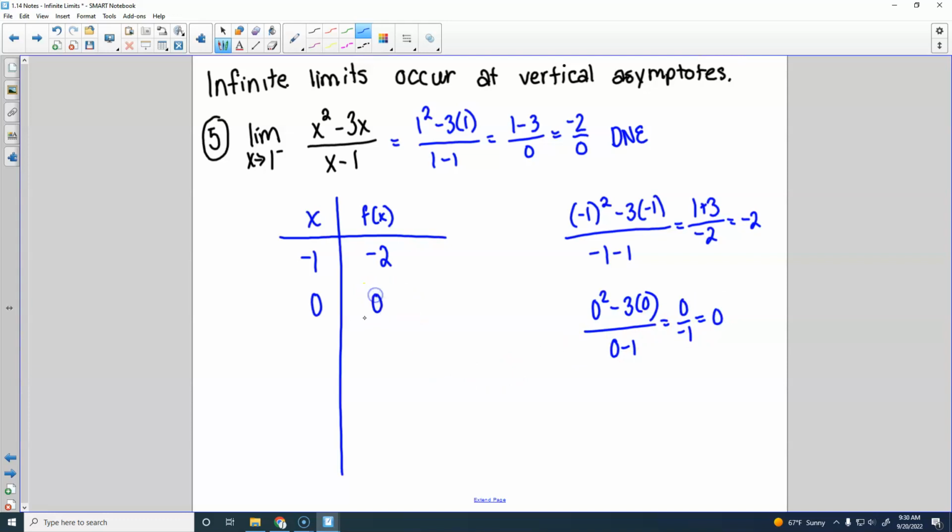That's 0. Alright, I need a number closer. 0.5. I'm doing this without a calculator. I prefer fractions whenever I don't have calculators. So I'm going to go fractions. If you prefer decimals, you can do it. I don't like squaring big decimals. 0.5 is not that bad.